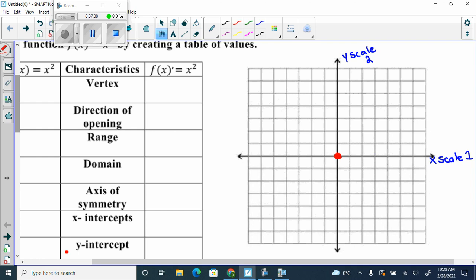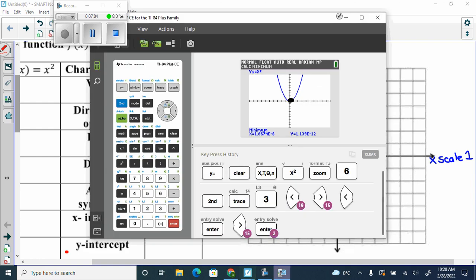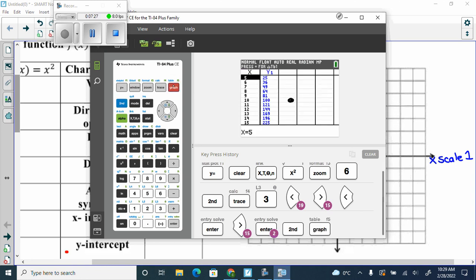Okay. So I know that I'm at 0, 0. Then I go back to my calculator. Now I want to get more values off this calculator. We agree? So I'm going to go second graph. And it gives me a table of values. Remember those t-tables, the XY t-tables you made in grade 10? This just gives them to you. But it's all in integers. So we go second table.